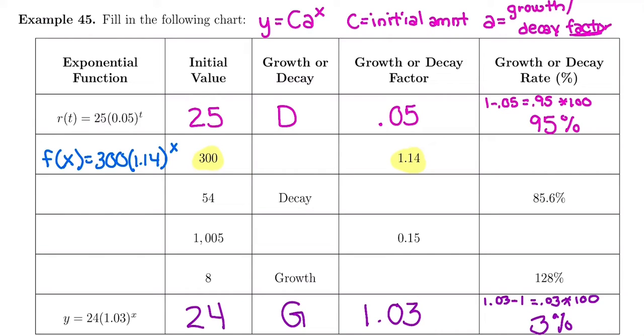So there's writing that into a function. And since we have 1.14, we want to figure out, is that growth or decay? Since it's bigger than 1, it's growth. We want to figure out how much bigger than 1 it actually is. So we're going to do 1.14 minus 1. It's 0.14 bigger than 1. And if we multiply that by 100, that means it's 14% growth each time.